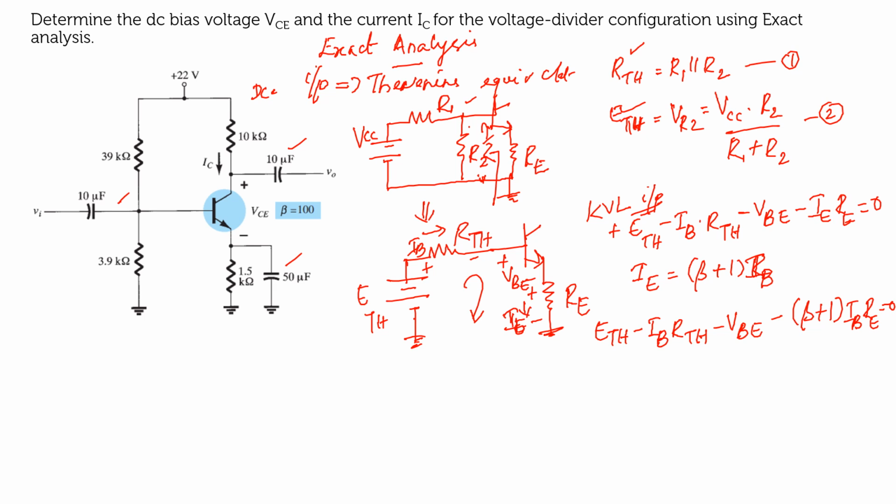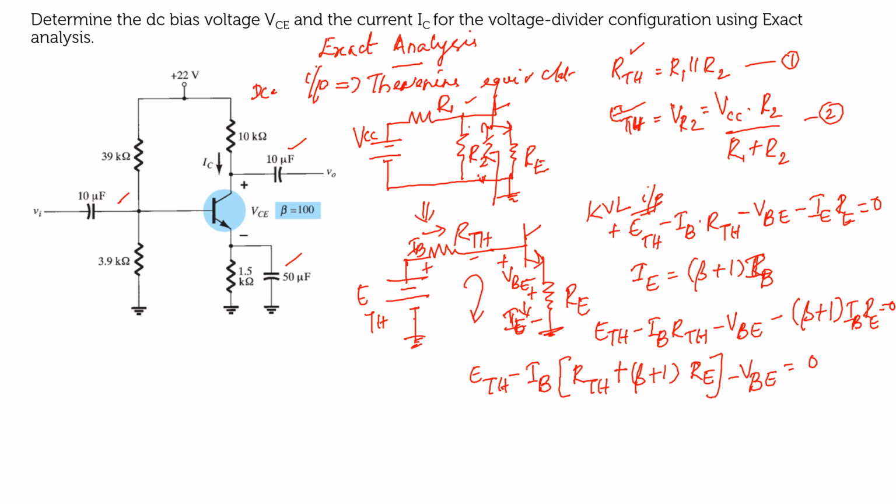Can I take IB as common now? So you will get ETH minus IB, taking it common, RTH plus beta plus 1 into RE, minus VBE is equal to 0.